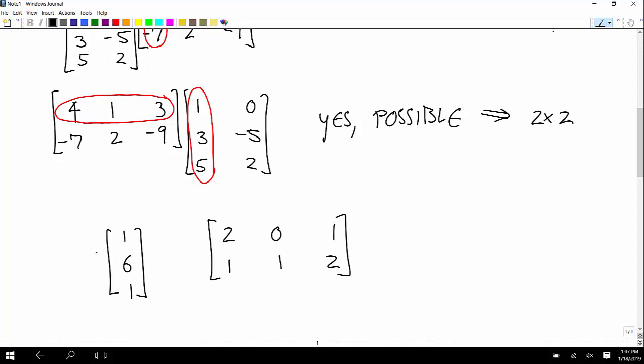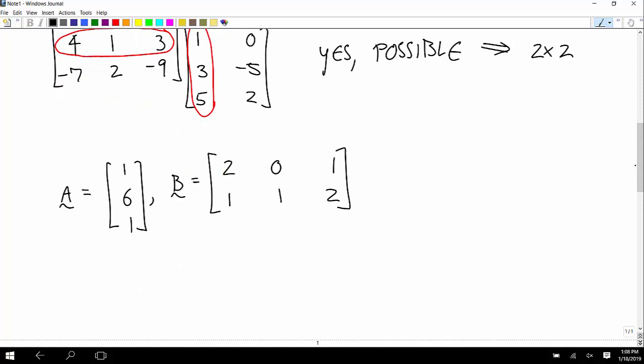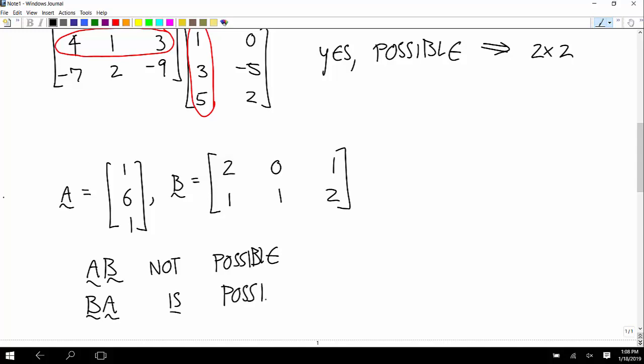Okay, well, if we say that this is A and this is B, A times B is not possible, but B times A is possible, and it would give a 2 by 1 matrix.